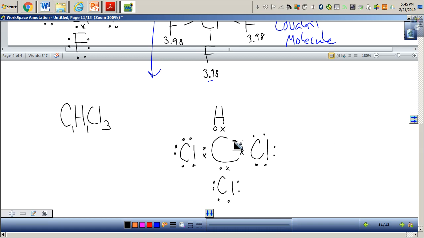Now this has 4 domains, so this is tetrahedral. Tetrahedral with no lone pairs is tetrahedral. If I put my numbers in, you really don't need to worry about the number in the middle for the most part.